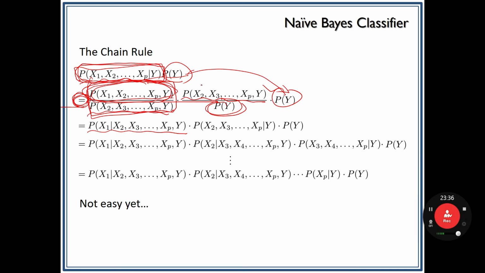And how about this one? This one becomes this conditional probability, given y, the probability of these whole joint events. And this one just comes again.